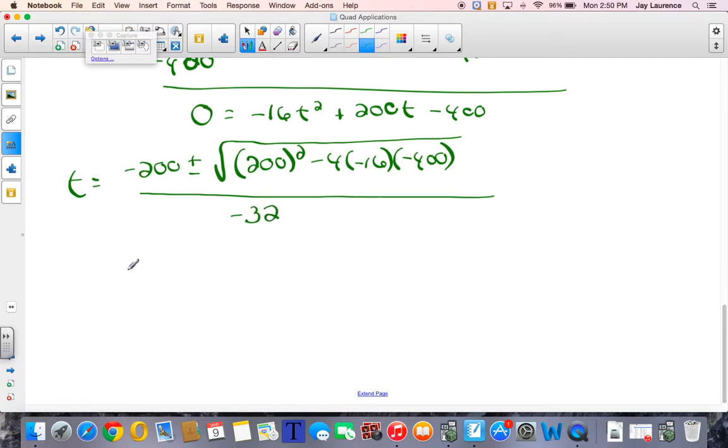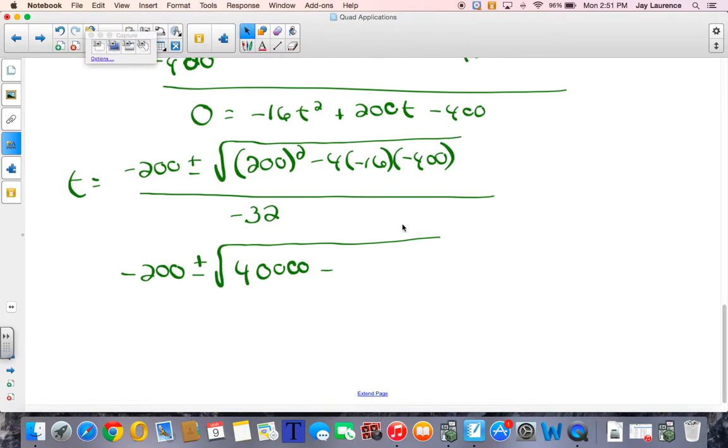So I'm going to do some simplifying in there. Negative 200 plus or minus square root of 40,000. It's going to be minus, let's go calculator on this. So 16 and 16, I think it's 256, right? 16 and 16, 256. So 256, 0, 0.